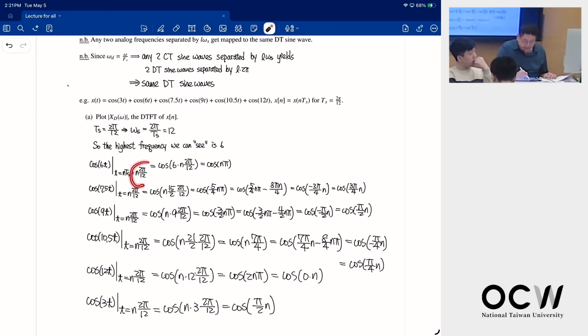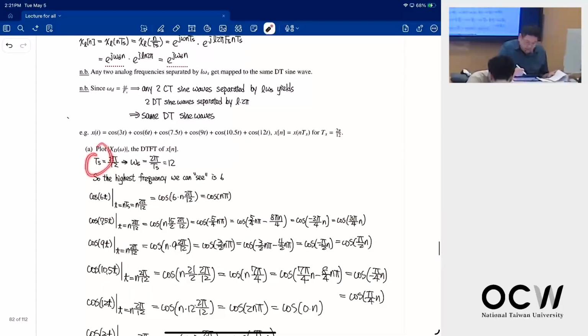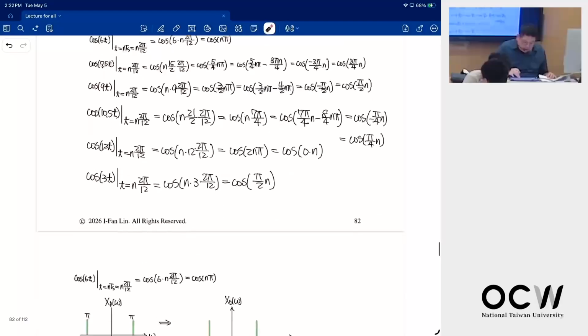If the sampling rate is less than the Nyquist rate, then we have aliasing. Our sampling rate is 2 pi over 12, so omega is 12. The highest frequency we can see is 6, because if it is more than 6, then we have aliasing.